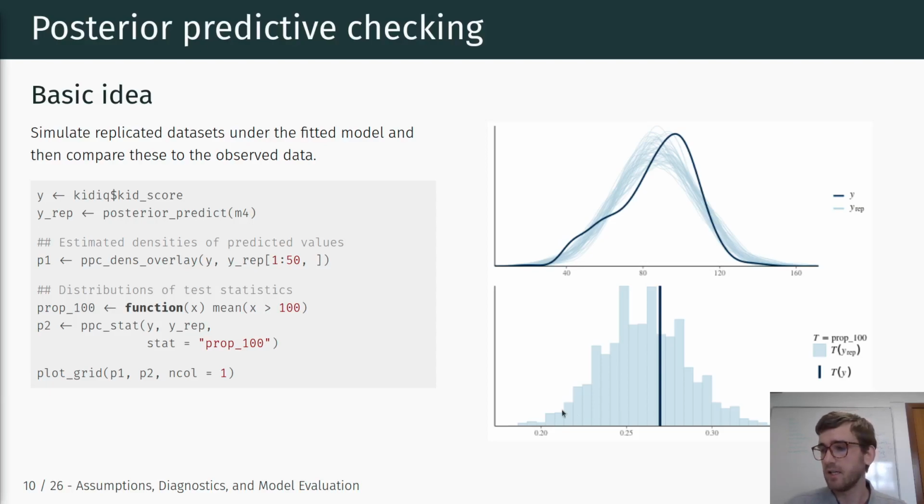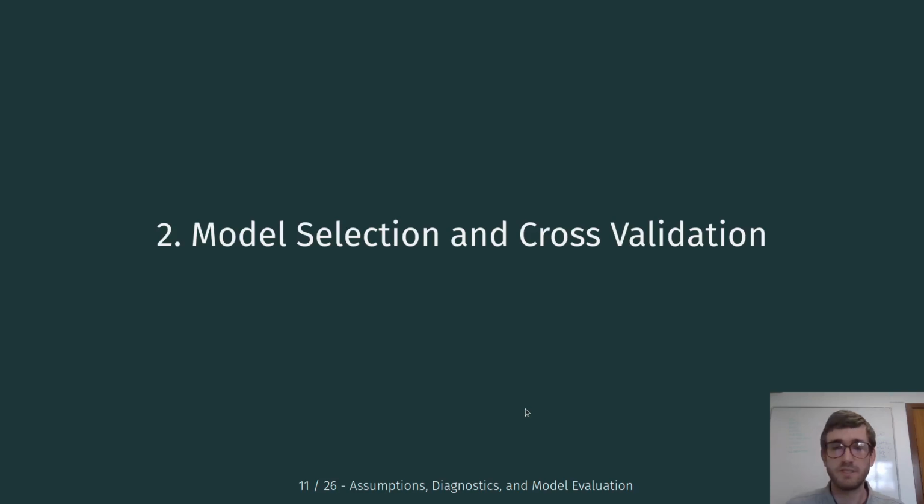Okay. In the next video, we're going to go a step further, and we're going to look at model selection and how we can use cross-validation to compare two competing models and pick the one that ultimately has more predictive power.